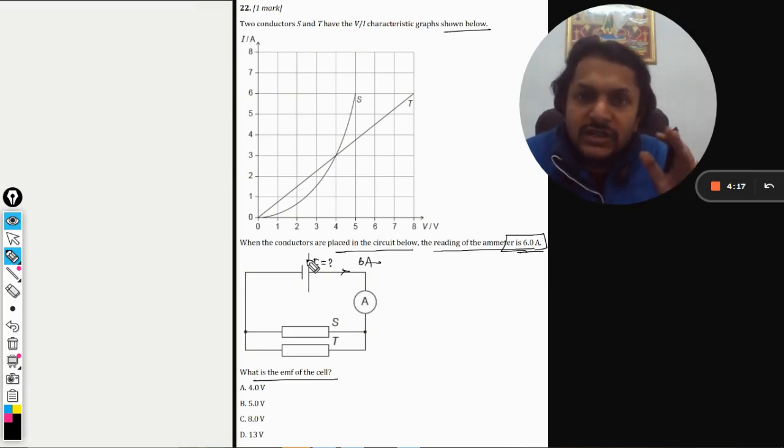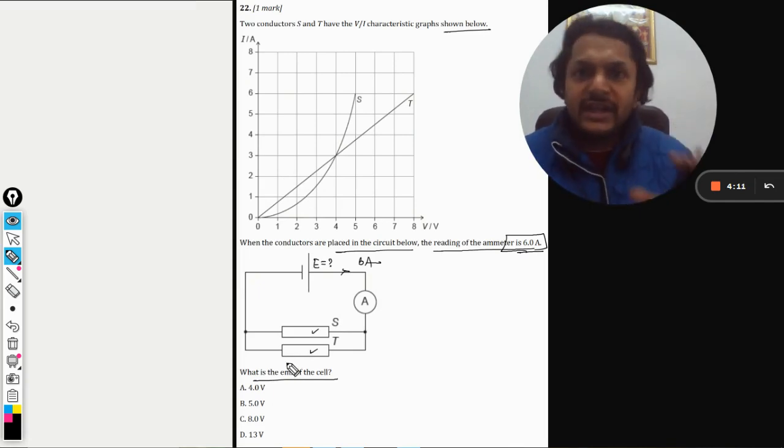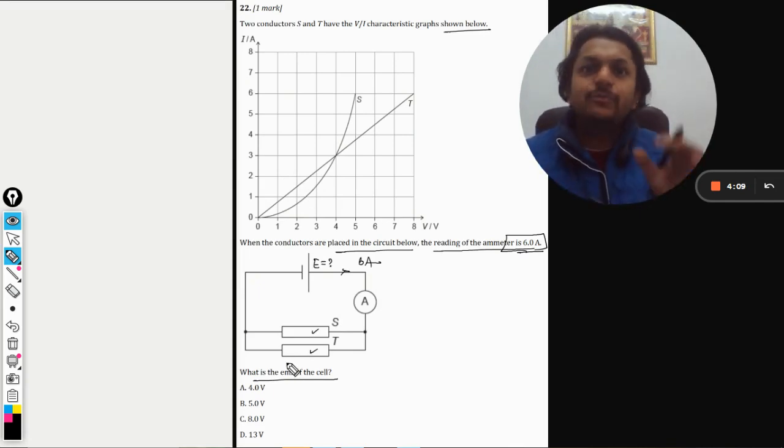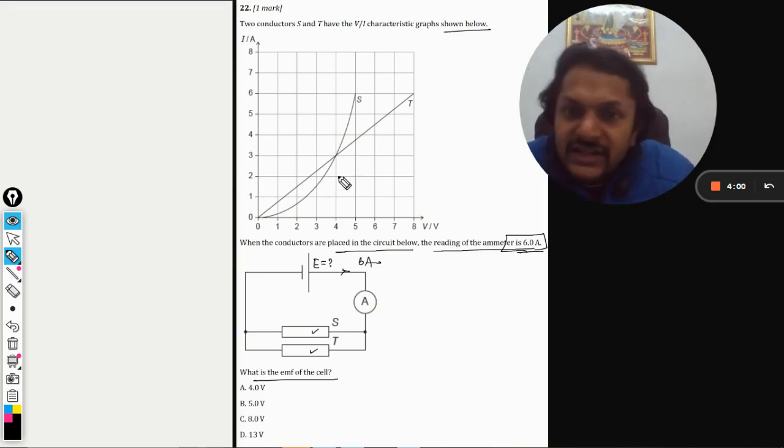We have to use the graph for this. Because these two conductors S and T are both in parallel, the potential difference across both of these conductors will be equal to each other. Now, if we read this graph, the potential is equal, but the currents are different.